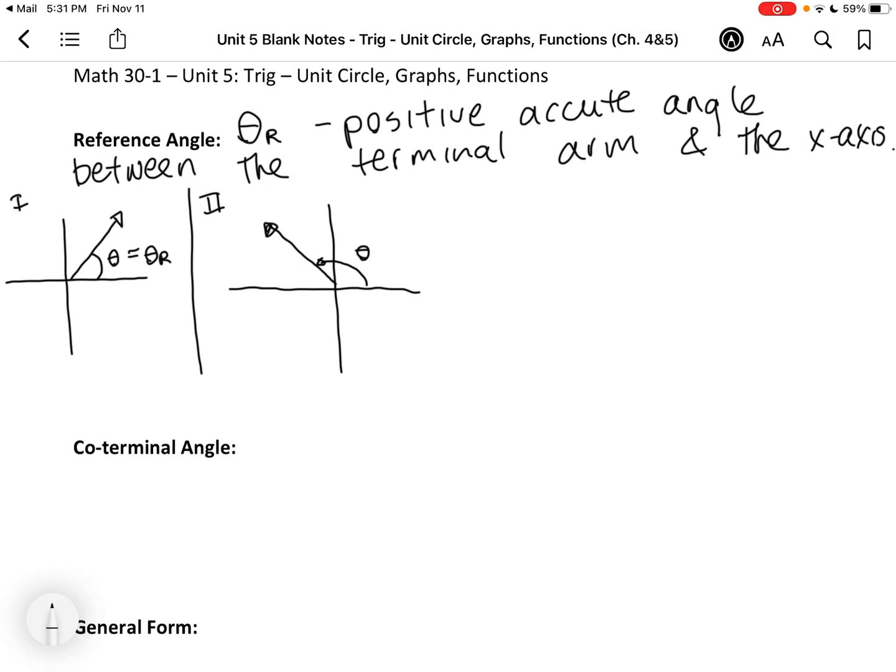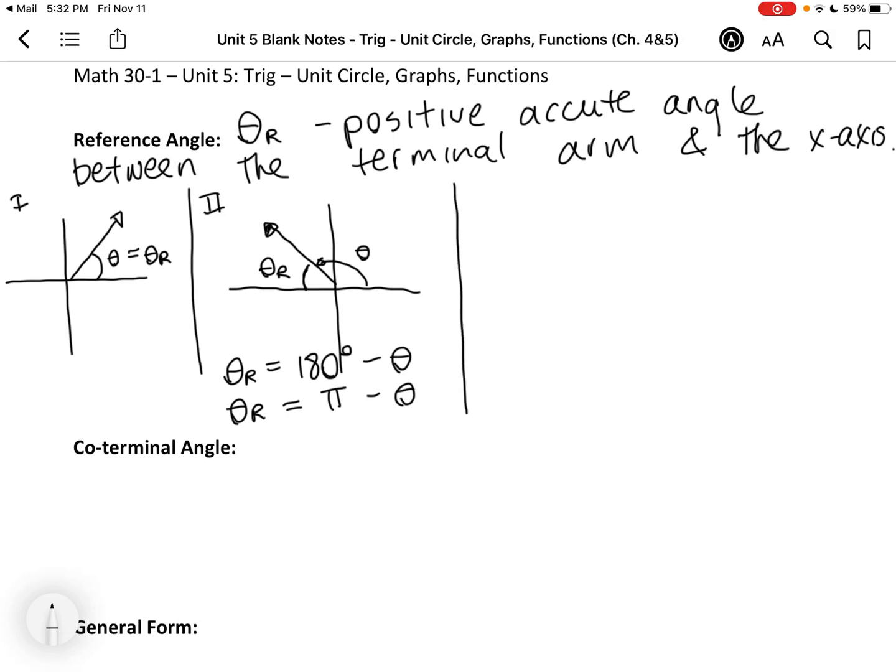Here's my terminal arm. The angle between the terminal arm and the x-axis, the acute one, is this one. Now how can we use one to find the other? Well, the two of them add up to 180 degrees. And so to get theta R, we can take 180 degrees and subtract theta. Or now that we know radians, we can take pi radians and subtract theta.